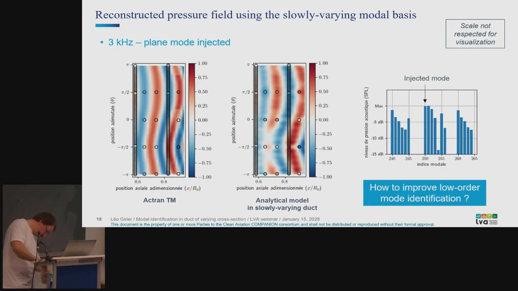Yes, this decomposition on the right, it seems like it's replicas. Ah, yes, because what I didn't explain is that from 250 to 256, maybe a little bit more, this is a group of the same azimuthal order but different radial orders.